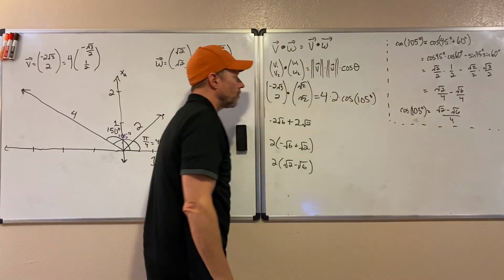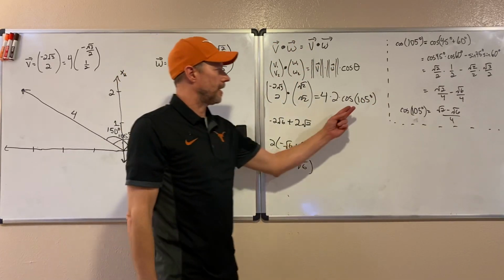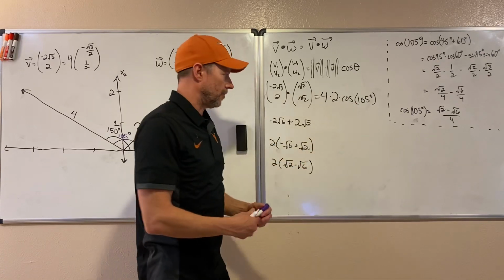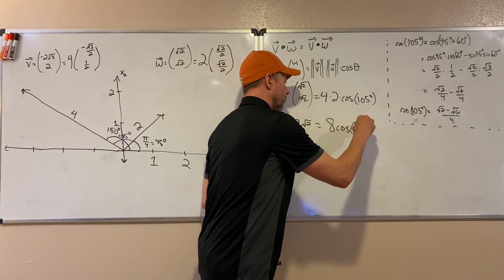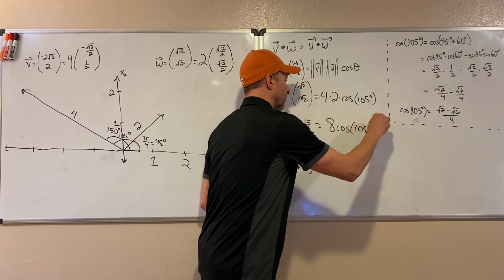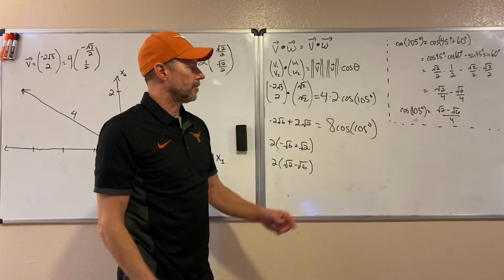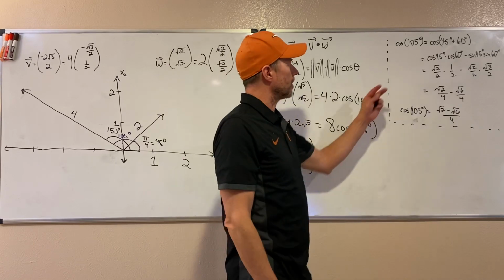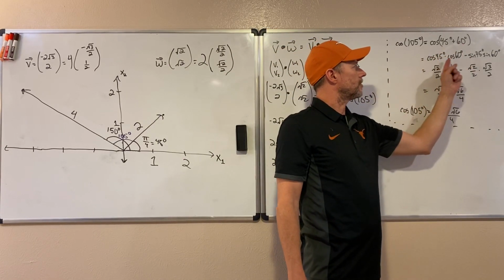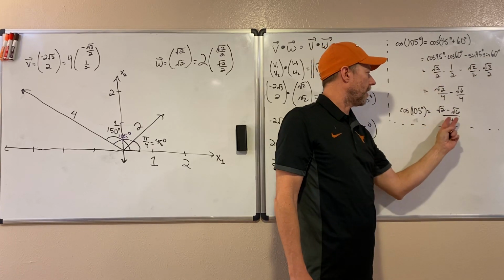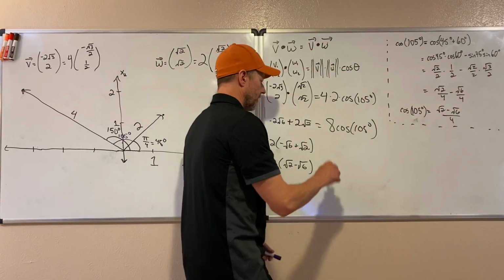Now, this is not a convenient angle on the unit circle. So how are we going to find cosine of 105 degrees? Well, we'll use the sum identity for cosine. We'll say 105 is the same thing as 45 plus 60. Use the sum identity, simplify, and this is what cosine of 105 degrees is.